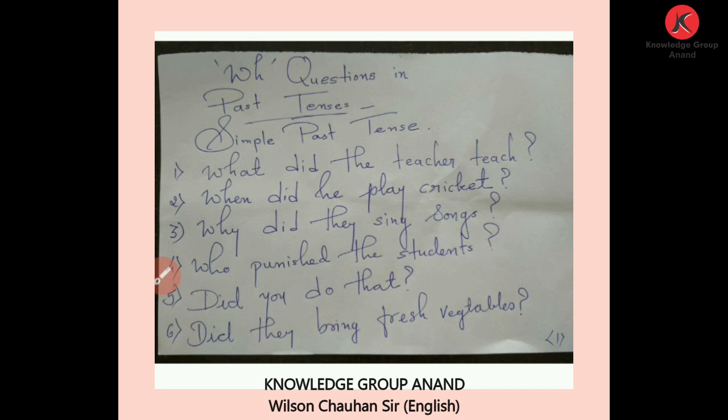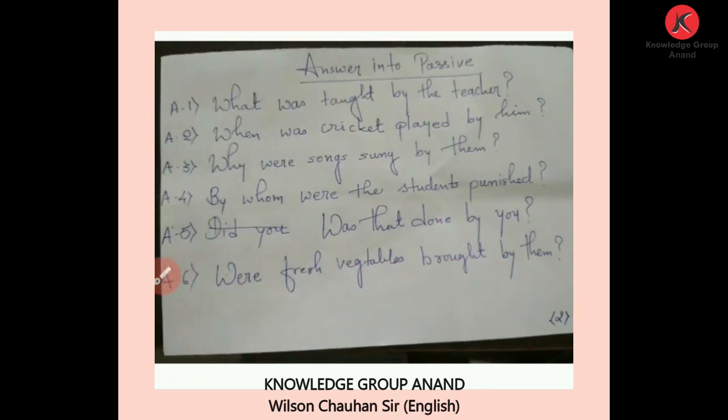Meanwhile I am doing it slowly so that you may copy the question in your notebook and attempt an answer. So what should be the answer? The answer for the fourth sentence is: By whom were the students punished? And that becomes the right answer.